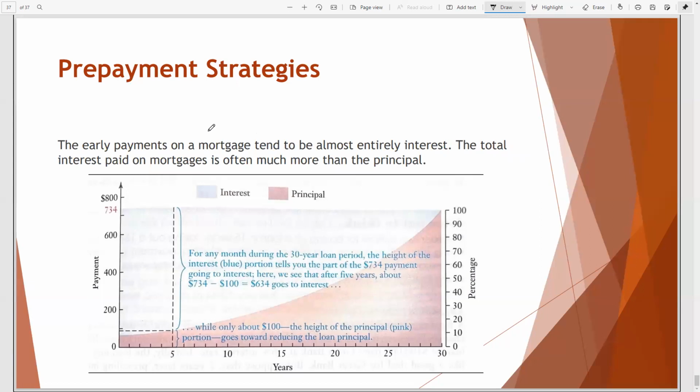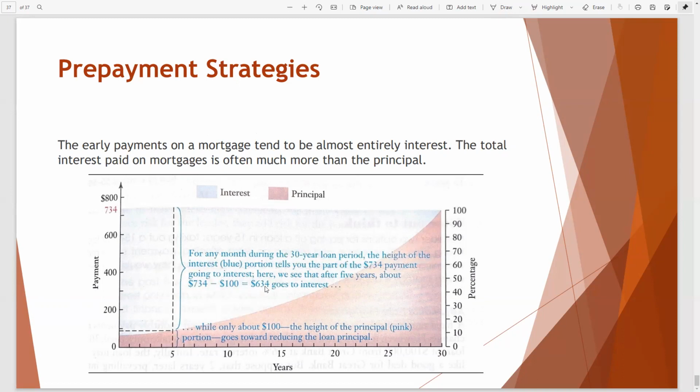So for any month during your 30-year mortgage, the height of the blue interest portion tells you the part of your $734 payment going to the interest, right? You can see after 5 years, about 734 minus $100 goes to principal.